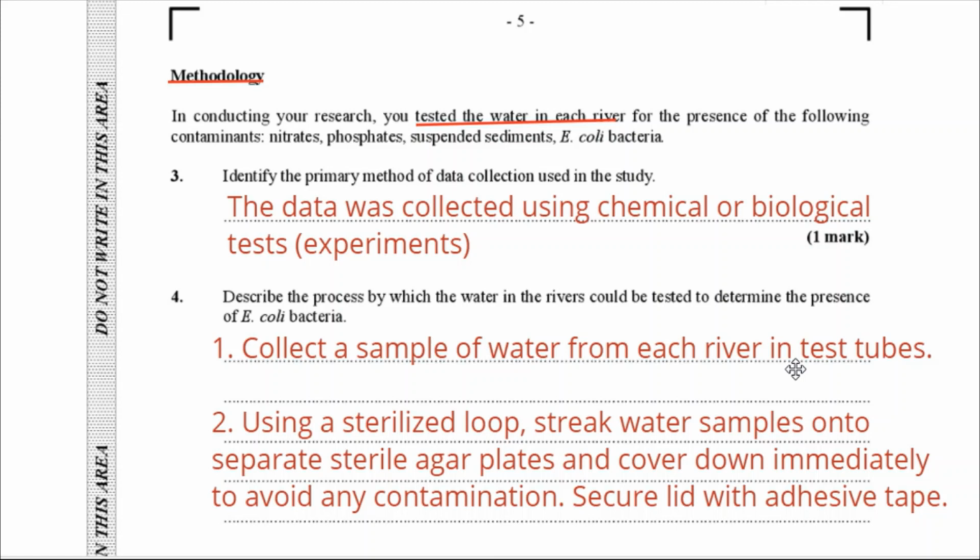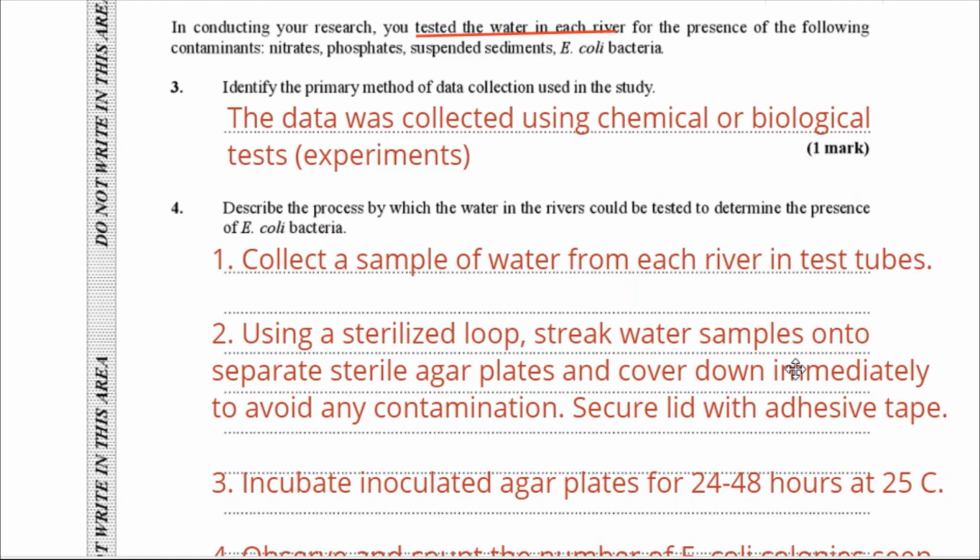the water samples, you cover down immediately to avoid any contamination, because you don't want anything coming in and affecting your results. So that's why you cover it down quickly, and then you secure the lid with adhesive tape just to make sure that nothing sneaks in.